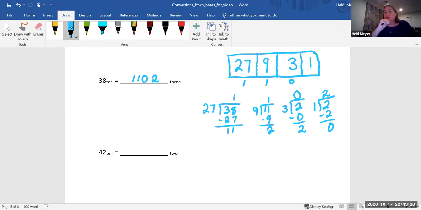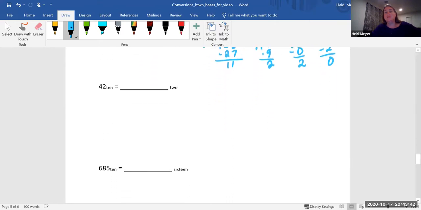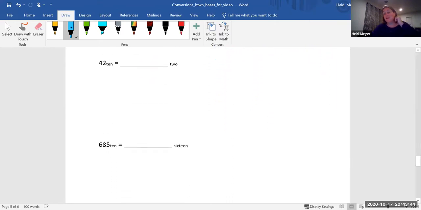So we're going to move on to a problem in base 2. And here, the only digits we can possibly get are 0s and 1s, right? Because it's base 2, 2 digits, 0 and 1.